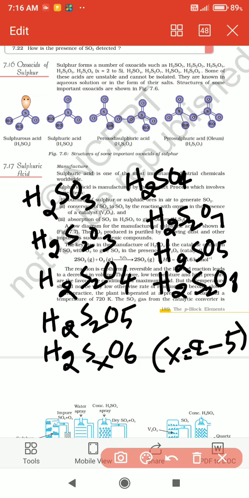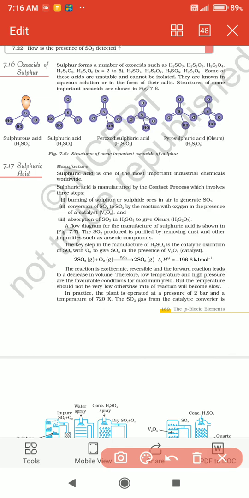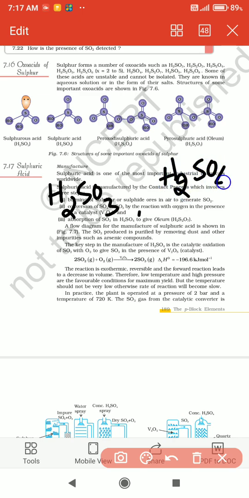There are some important oxo acids of sulfur. Let us see the diagrams once. First one is H2SO3, and the next one is H2SO4. Let us compare these two compounds.